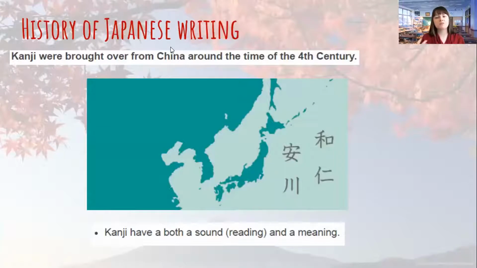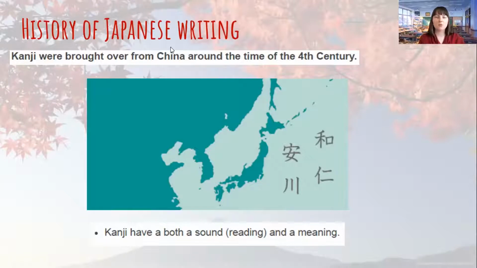Now, Japanese writing is based on Chinese writing. Some of the Japanese characters are called kanji, characters that are originally based on Chinese writing, and they arrived in Japan around the 4th century. At that time, only the Chinese characters were used in Japanese writing.